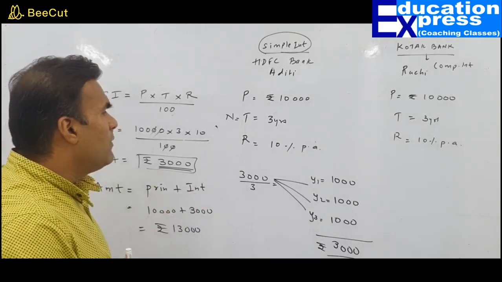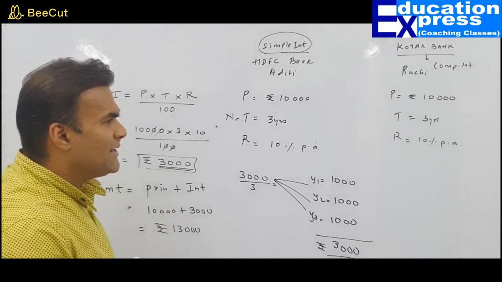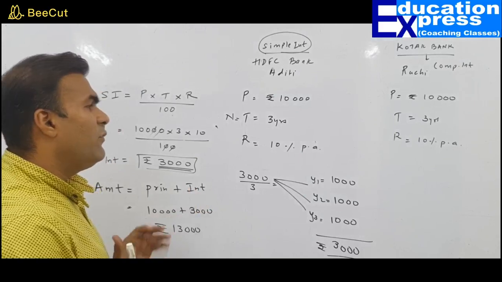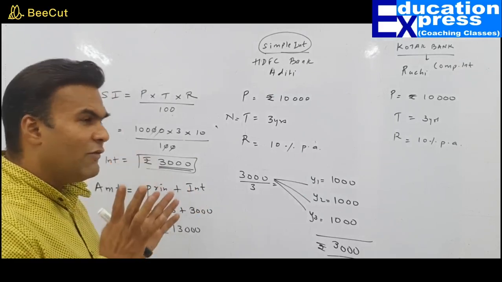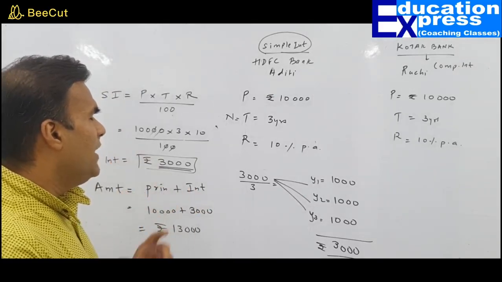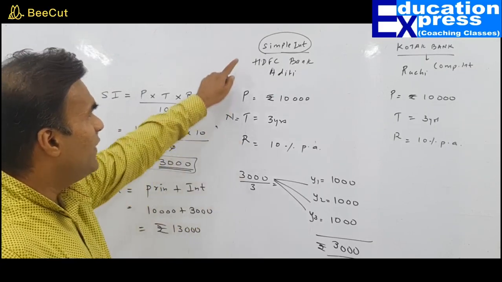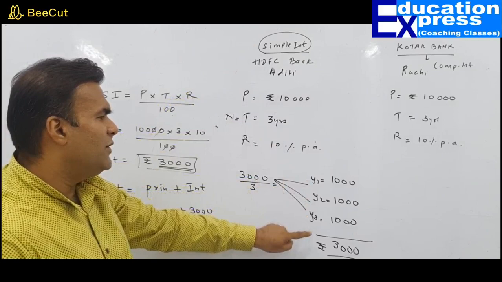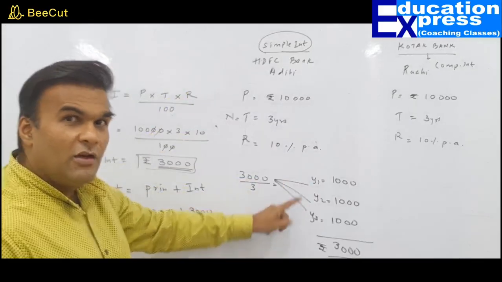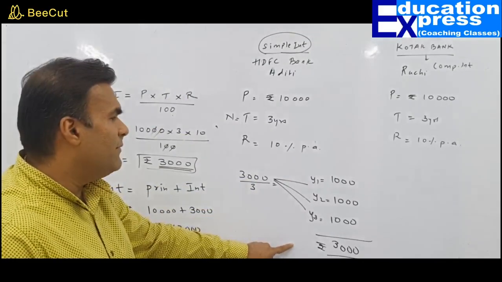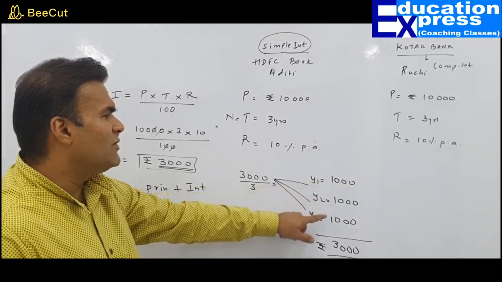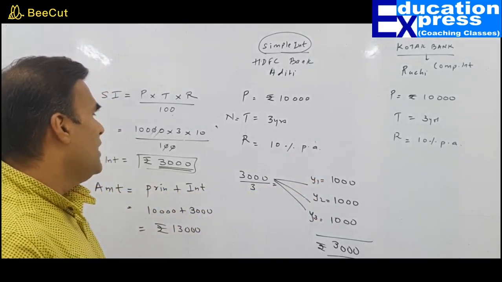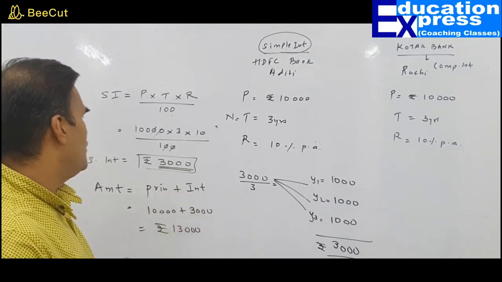So when we do compound interest, at that time I will analyze and tell you how it is differentiated. But at least for the time being, one thing should be very clear in your mind: as far as simple interest is concerned, interest year after year remains the same. That means 1000, 1000, 1000 will remain the same forever, for every single year. It was a matter of 3 years, so you receive 3000.